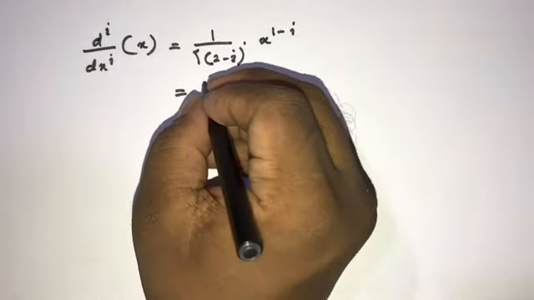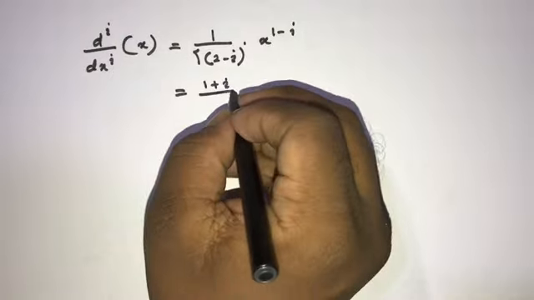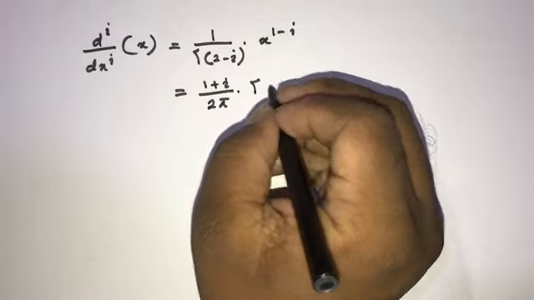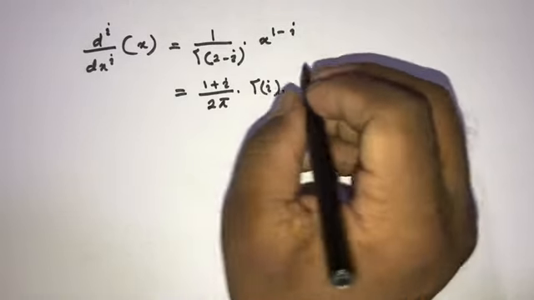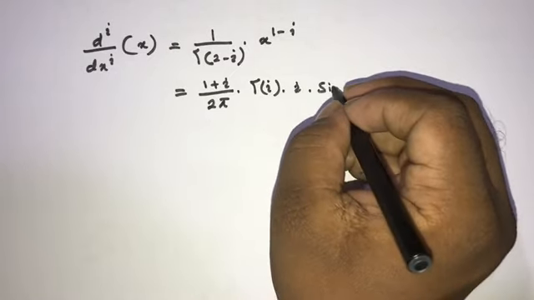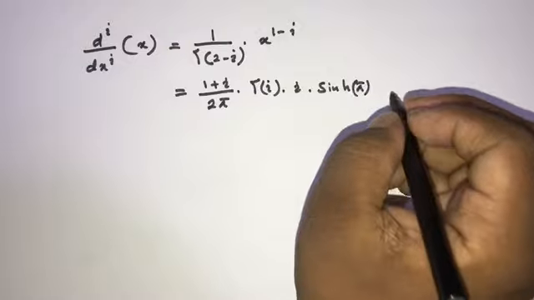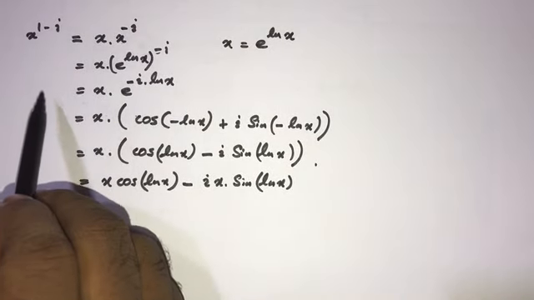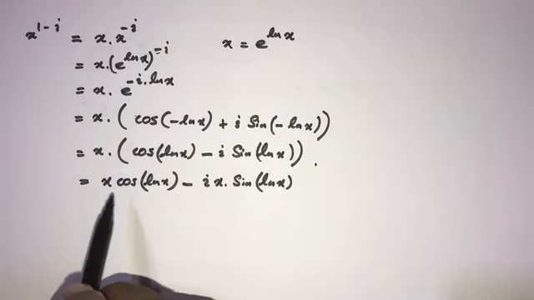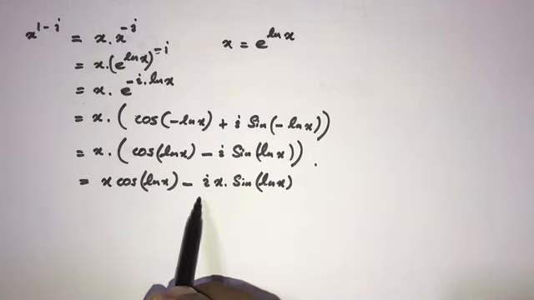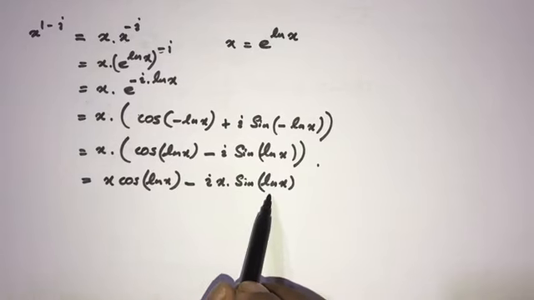So this is equal to 1 plus i over 2 times 5 gamma of i times hyperbolic sine of 5, and we simplify x to the 1 minus i, so this is equal to x times cosine of natural log of x minus i times x sine of natural log of x.